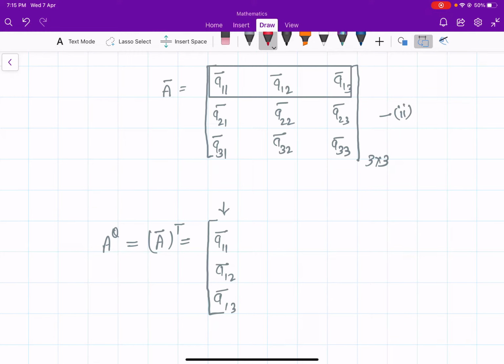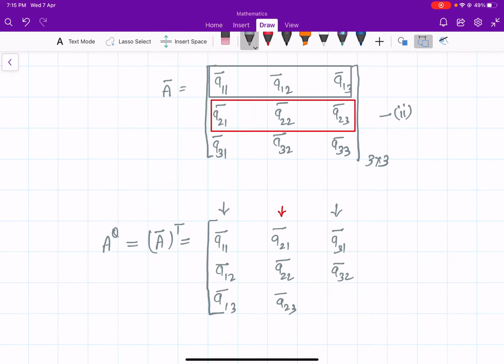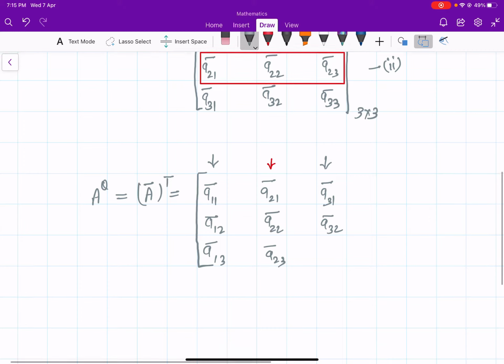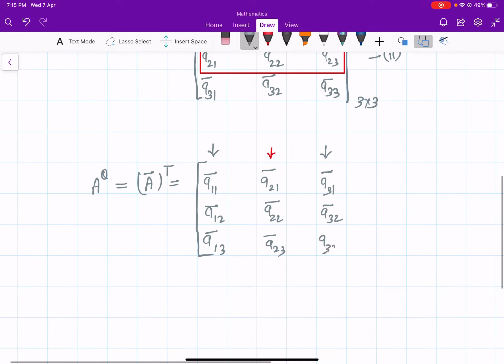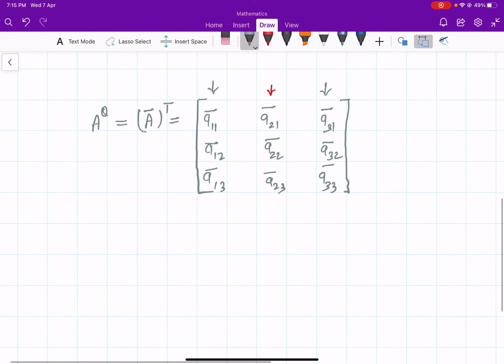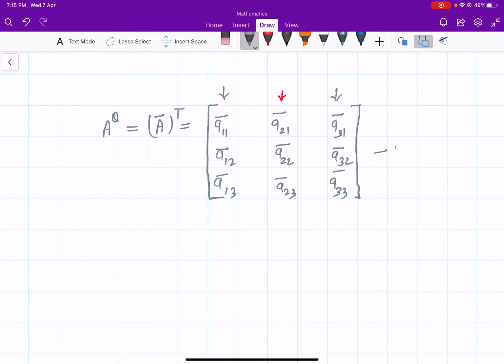Now we have to convert the next row into a column. So this will be A21 bar, A22 bar, A23 bar, and the third is A31 bar, A32 bar, and A33 bar.